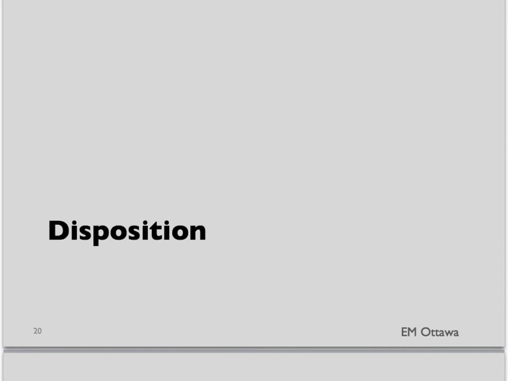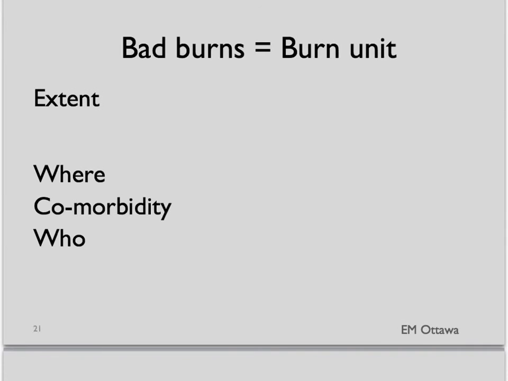In terms of disposition, there are special burn units that are designed to look after burn patients, and there are criteria for referral to the specialized burn unit. They might vary among the places that you work at. However, these are the broad categories. First is the extent of the burn.